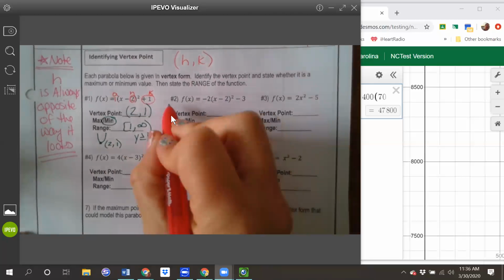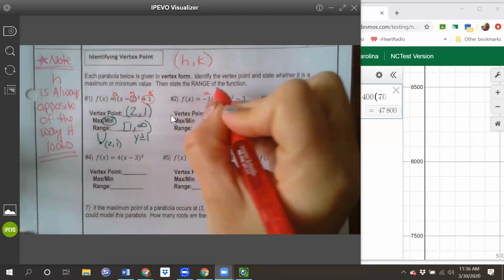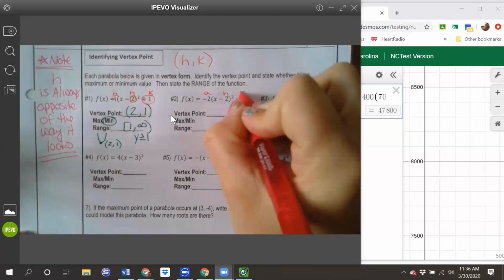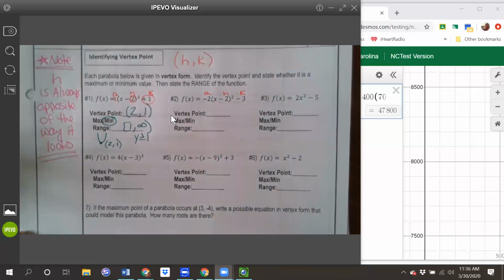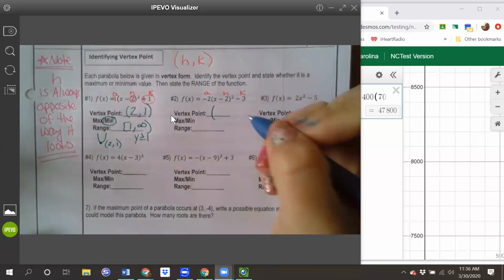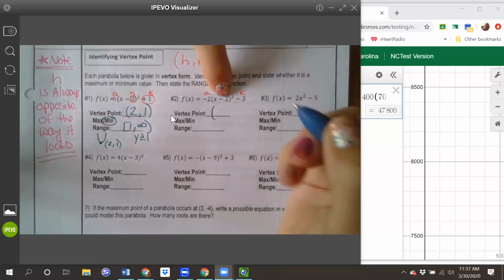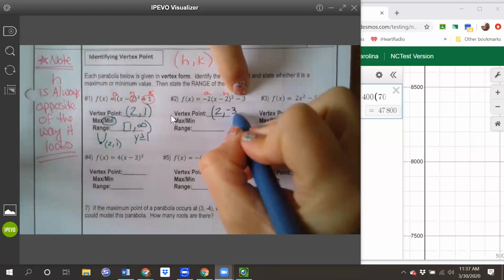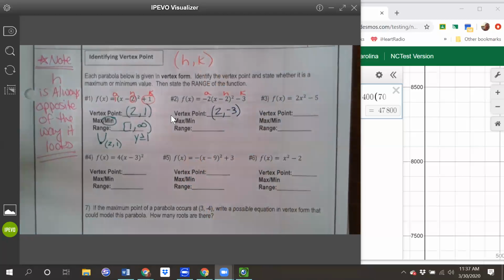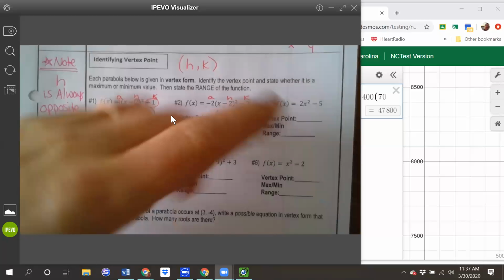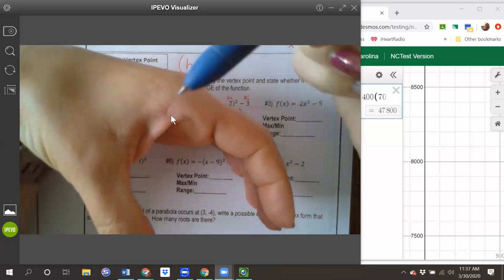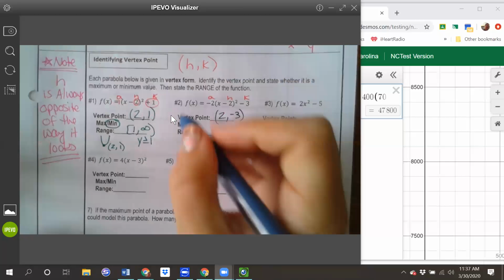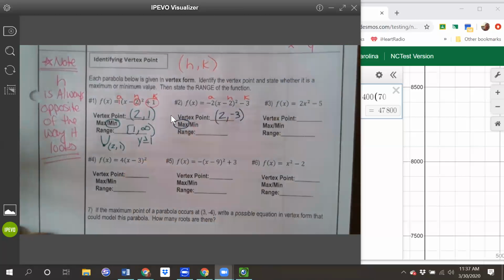Okay, so number 2. There's a, there's h, and there's k. So the vertex point is positive 2, it's opposite, comma, negative 3. Because a is negative, negative means frown, so that means that we have a maximum value.